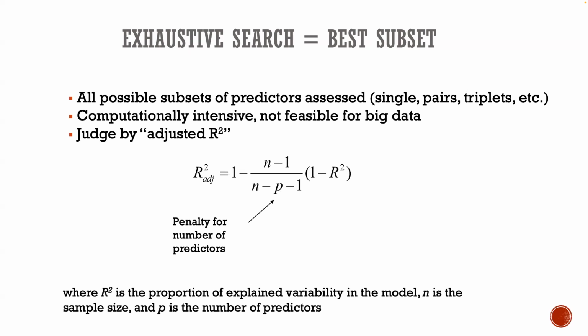So we are looking at all possible combinations of the predictors and then determining which one results in the best outcome. Now, as you can see, if we had just three, we have quite a few combinations to worry about. And if we have several predictors, which is what typically happens in real world scenarios, the situation can become very complex. It will be computationally intensive. For big data, it will not be feasible.